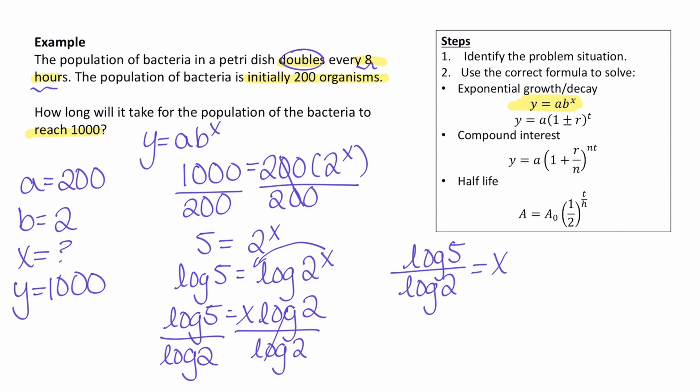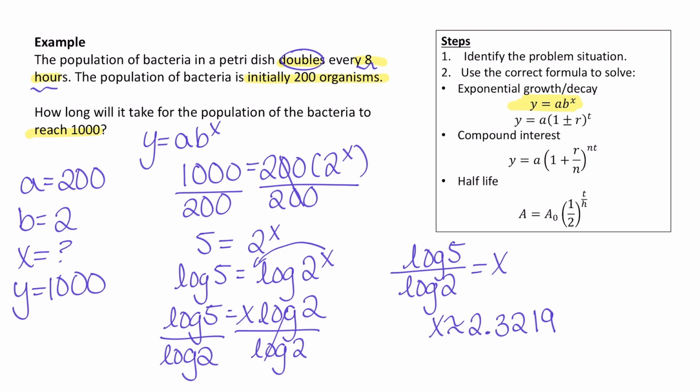If we do that on our calculator, we have log of 5, enter, and then divided by log of 2. And that tells you that x is approximately equal to 2.3219.